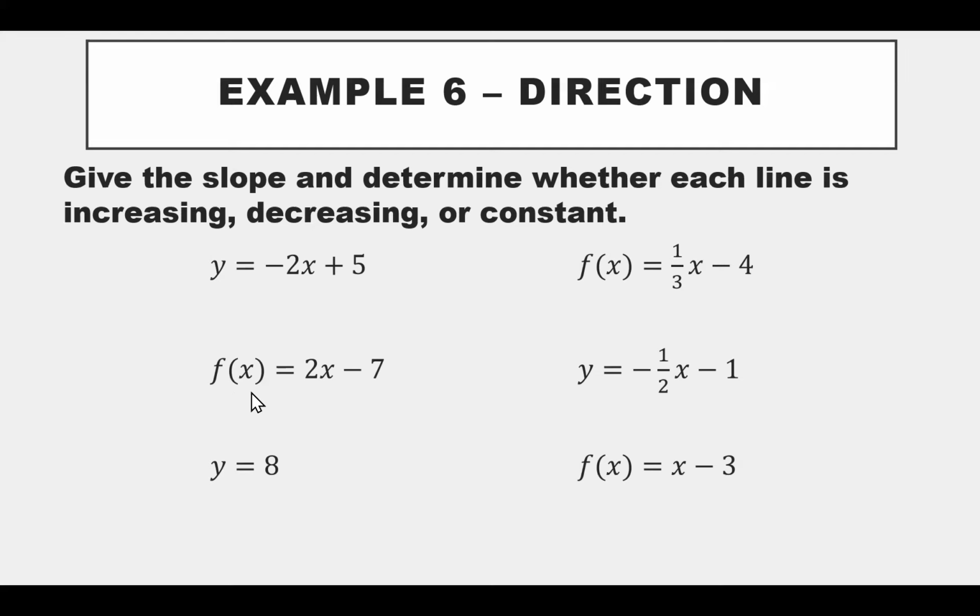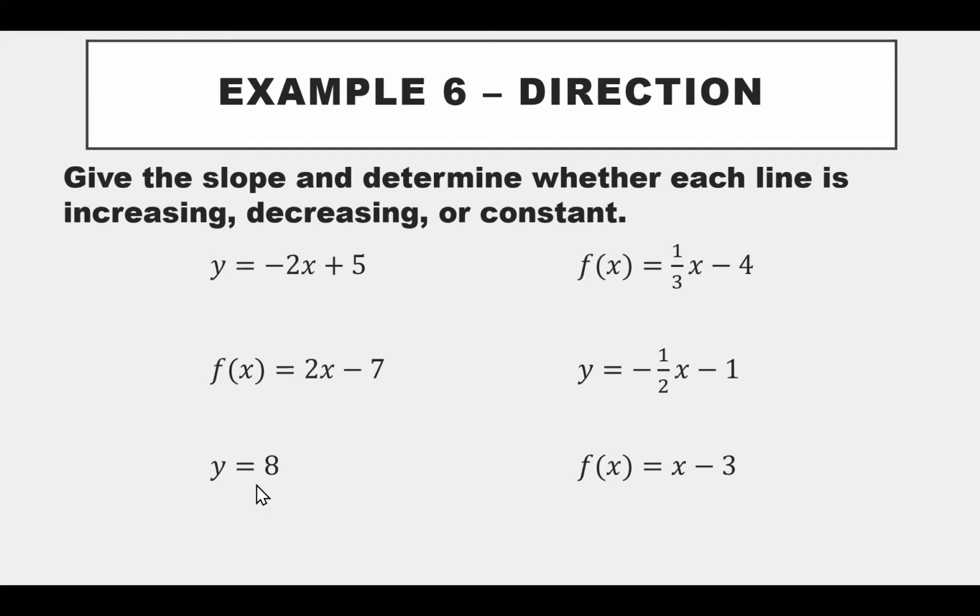Third line, f(x) = 2x - 7, has positive 2 as a slope. Therefore, the line is increasing as we move left to right. Fourth line, y = -1/2 x - 1, is going to be decreasing because of the negative 1/2 slope.